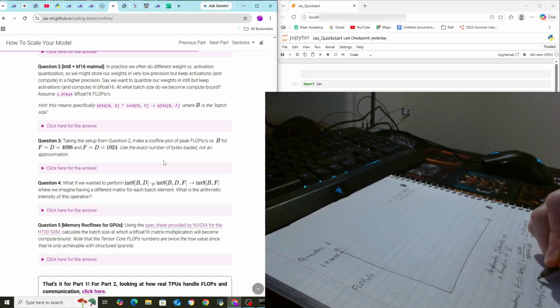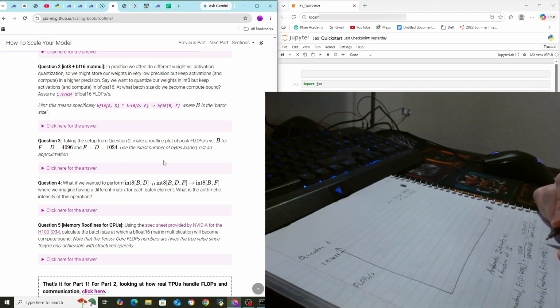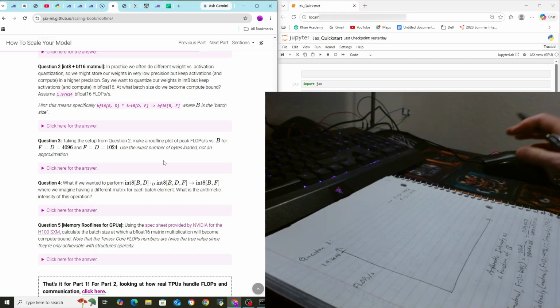Intensity, matmul, F equals D equals 4096. That's where we become compute bound on the TPU in this scenario. That's kind of what they're asking for, right?